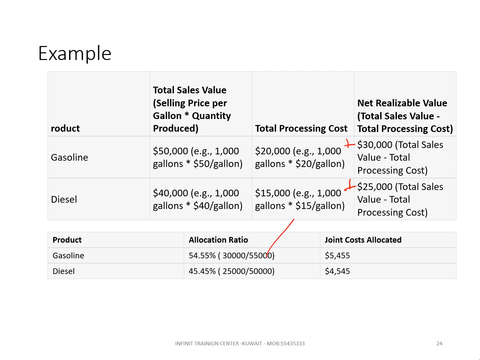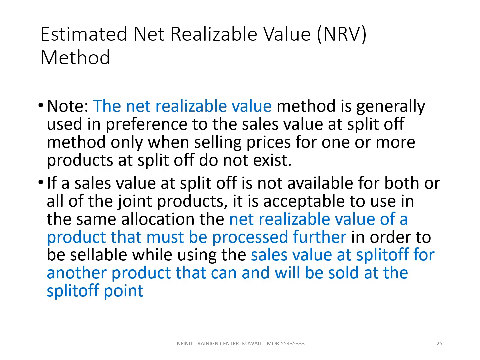Now you will calculate the proportion. 30 out of this 55,000 is 54.55, and 25 out of this 55,000 is 45.45. So this is the proportion in which you have to allocate the $10,000 joint cost, and the joint cost allocated will be 10,000 multiplied by 54.55 and 10,000 multiplied by 45.45. Okay, this is how we will do cost allocation based on NRV.